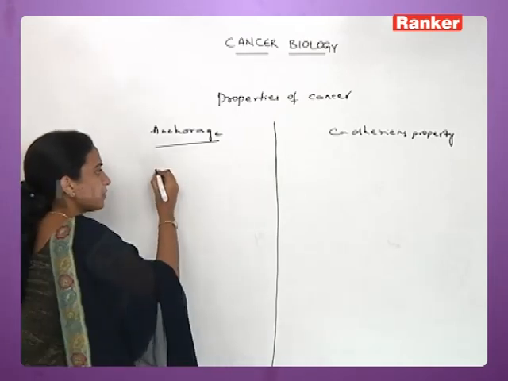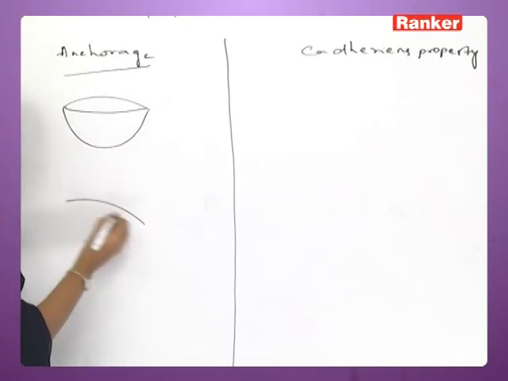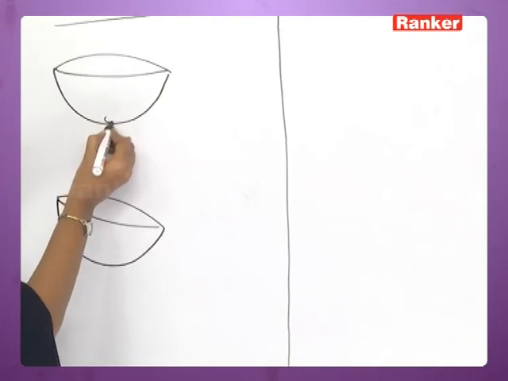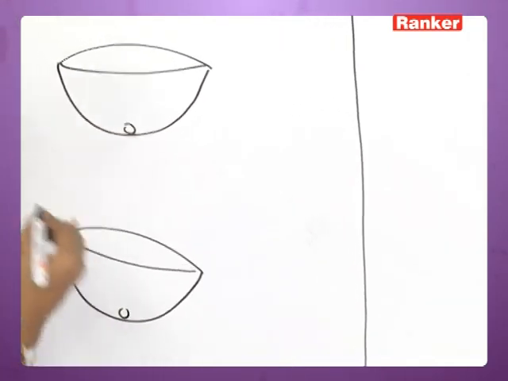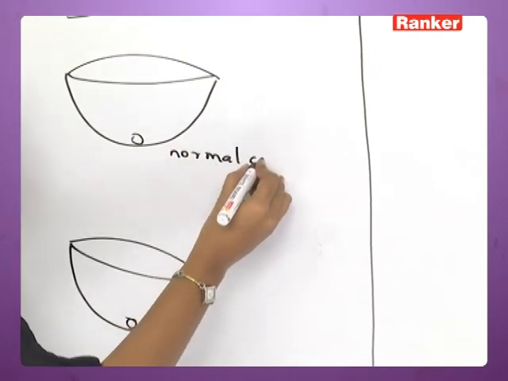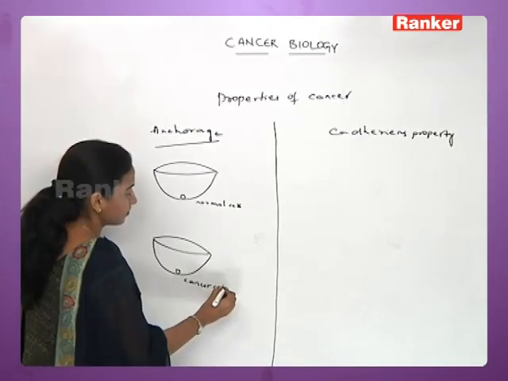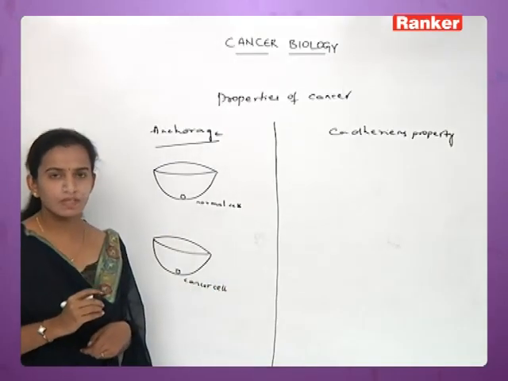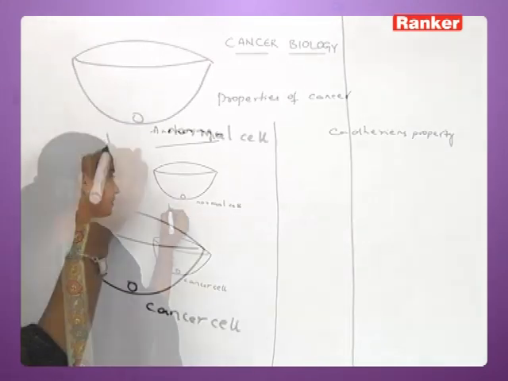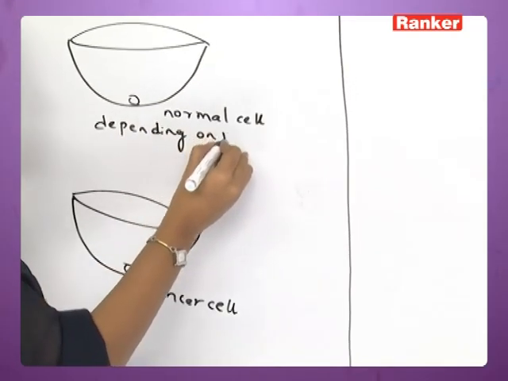If at all there is a vessel, let us take two vessels where you can put a normal cell, and here you need to put a cancer cell. So this is the normal cell and this is the cancer cell. What is happening here is that the normal cell is depending on the vessel.